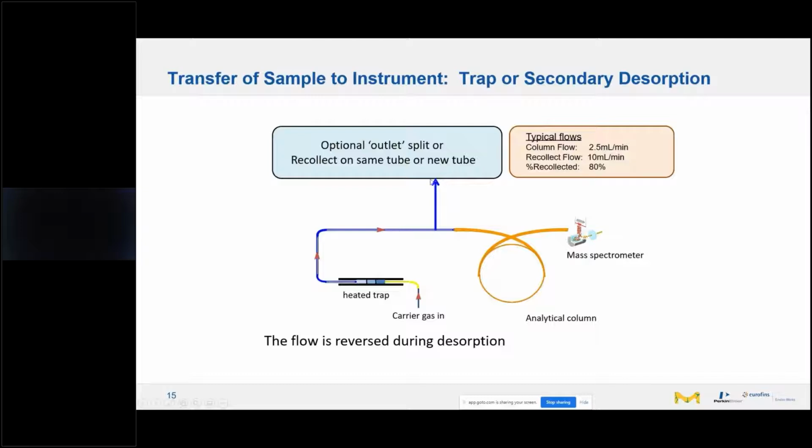Here's an outlet split where we could, if we need to, split more sample, or you could turn this off, split or splitless, or you can recollect that sample on a new tube or the same tube for later sampling if required. Most thermal desorption applications utilize mass spectrometry, except for the ozone precursor application, which uses a flame ionization detector.